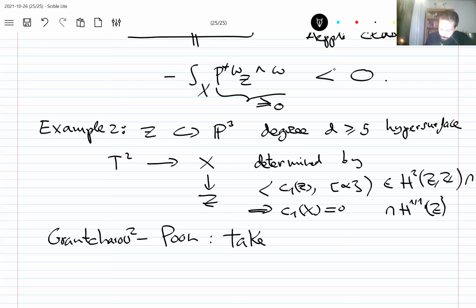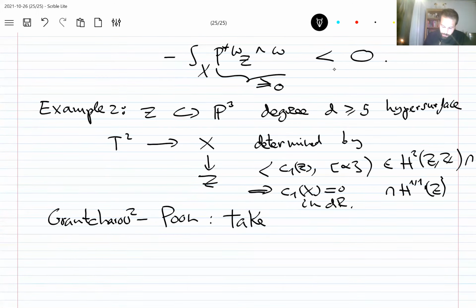Because the rank homology of X is identified with the quotient of the rank homology of Z by the two generators.